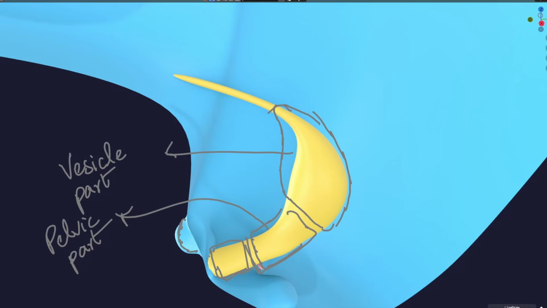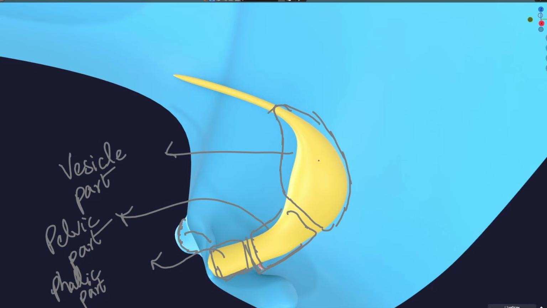So with that reference, this part of the urogenital sinus is given the name phallic part. Phallic means something related to the penis. So it has that intimate relationship with the developing penis or developing clitoris. That is why it is called the phallic part of the urogenital sinus.